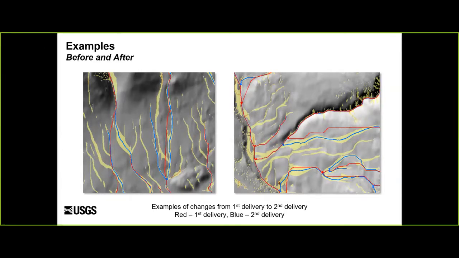These 2 images are examples of the updates to a delivery area between the first and second submission. Red lines are the first submission and blue are the second. Improvements in density, horizontal placement, and vertical placement are seen. And the yellow areas in the background are the areas we've identified as probable channel areas using our tools.